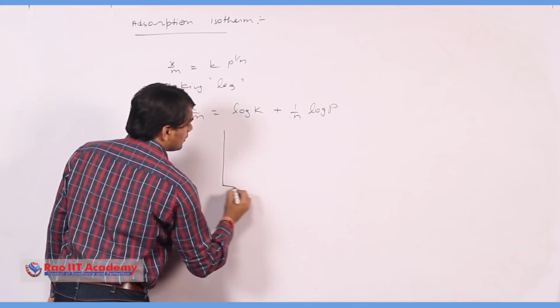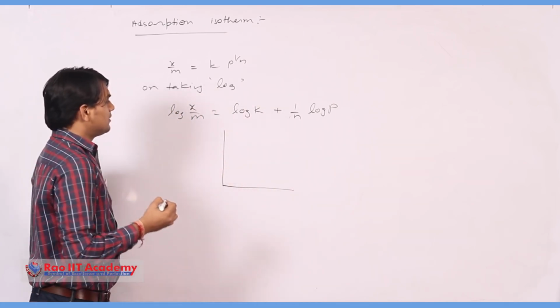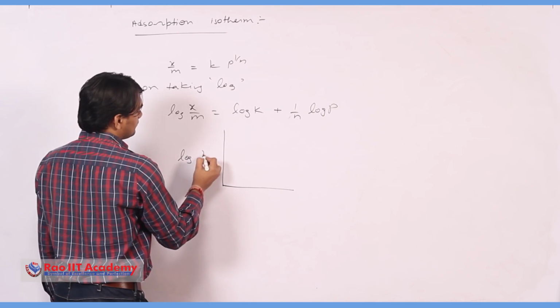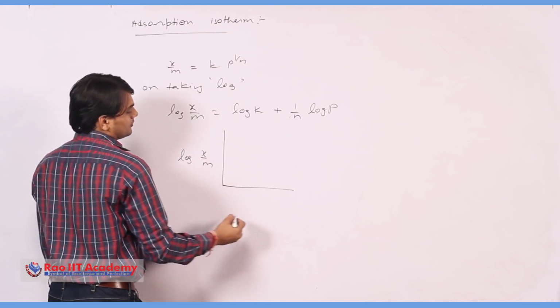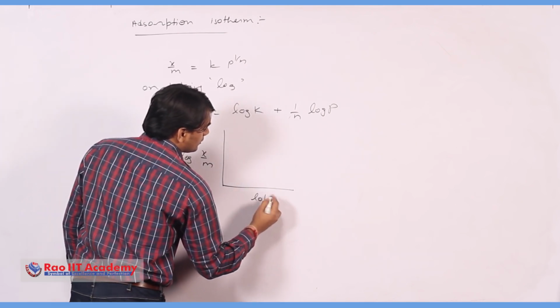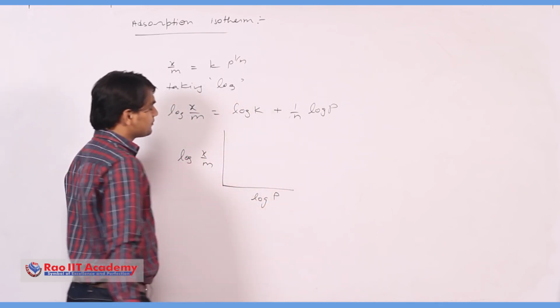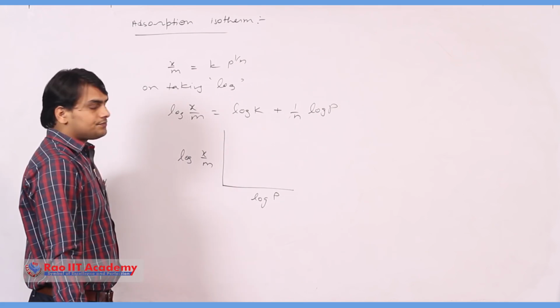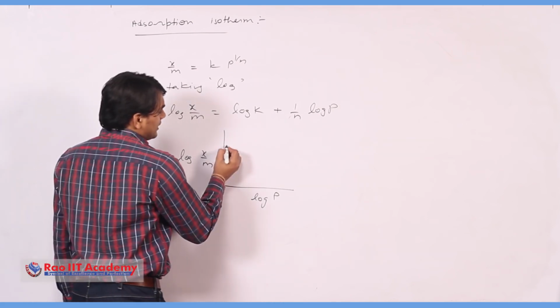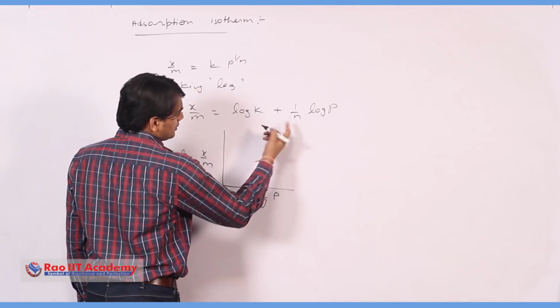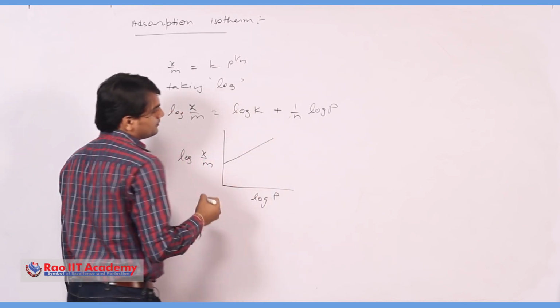Now, if we draw a curve for that, we are comparing it with the straight line equation, y is equal to mx plus c. We will get a straight line since the slope is positive.